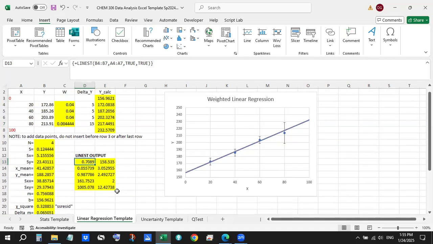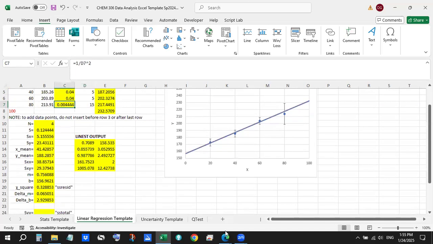All right, so you can see that the idea of weighting does work here. If you have a larger uncertainty in your y value for a given data point, that should be less reliable than the other data points. So now the best fit line is largely determined by these first 3 data points, which have bigger weights compared to the fourth data point at 80. Okay.